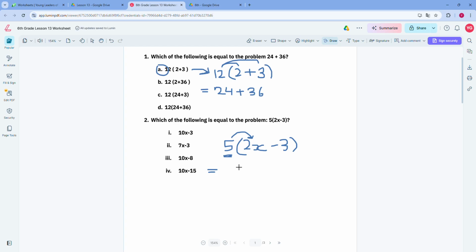So you would do 5 times 2x, which is 10x, and 5 times negative 3. And since there's a negative sign in front of the 3 and a positive sign in front of the 5, we know that it's going to be negative, because negative times a positive is just going to be negative. So it'd be minus 15, and that would give us 4.